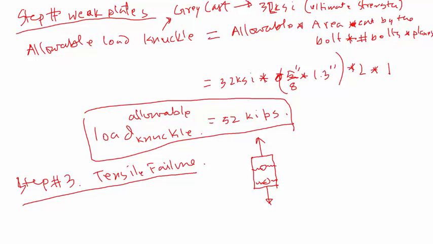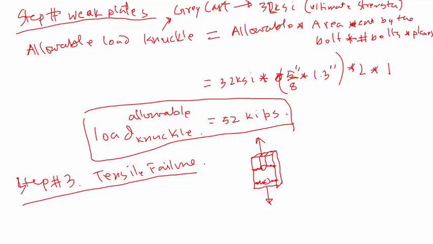Now on the steering knuckle and suspension cases, it's not a huge tension. However, it might also fail this way. Let me calculate that. For the plate, we simply calculate the allowable tensile load. The allowable tensile stress basically is the force divided by the projected area.